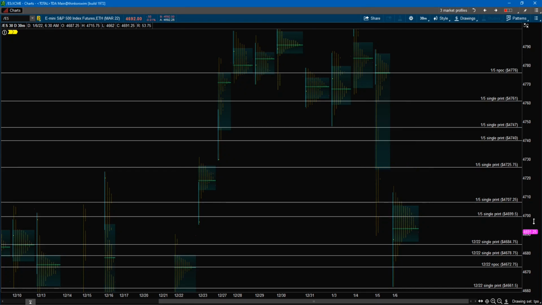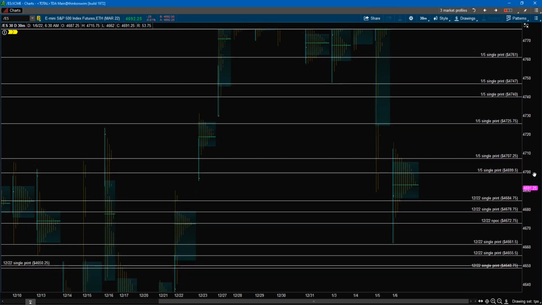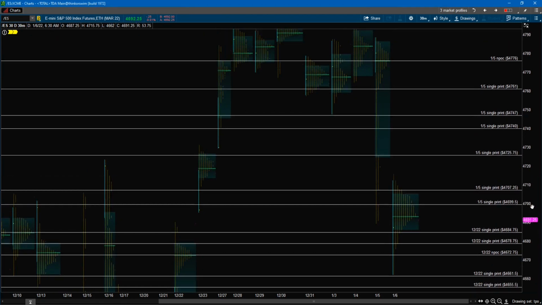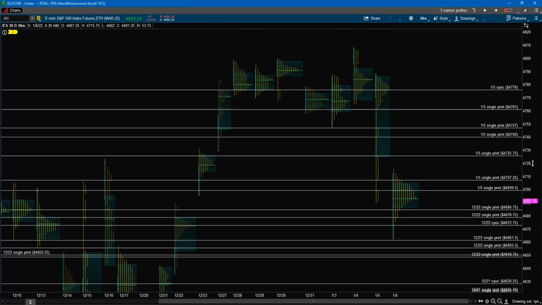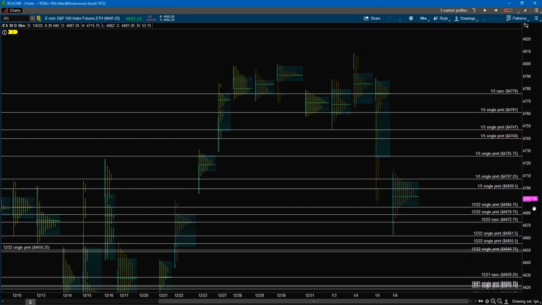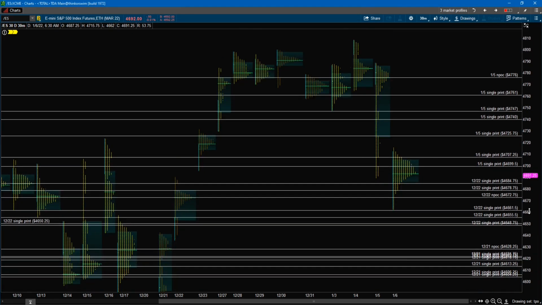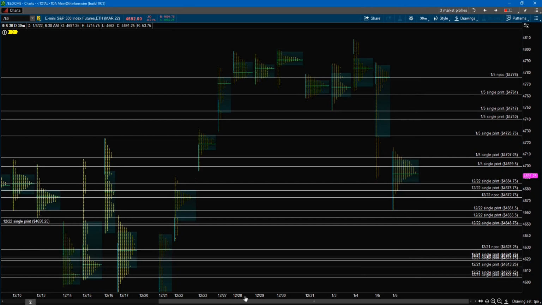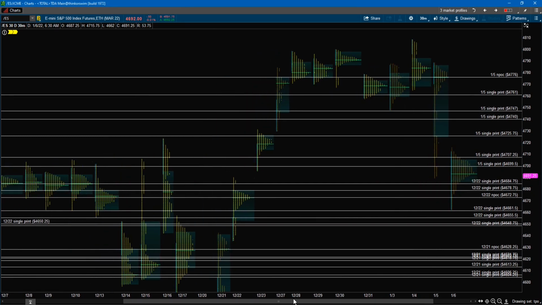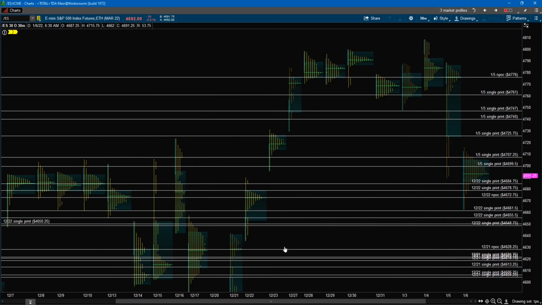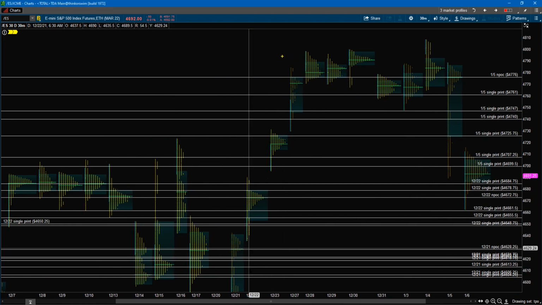Now the other thing that we talk about is going from balance to imbalance and then balance again. So let me draw on this chart here, and I want to show you what I mean by that. So here, let me shift this over. Remember yesterday we talked about this area of balance, and it broke down, and essentially it went from balance to imbalance.